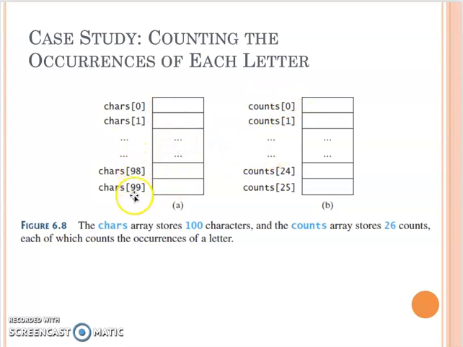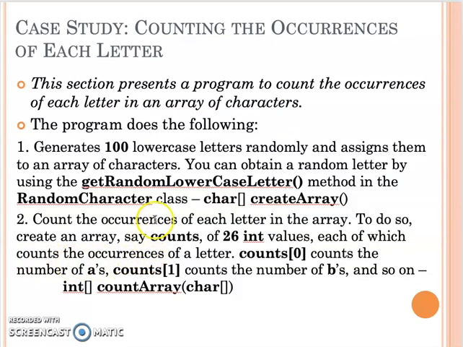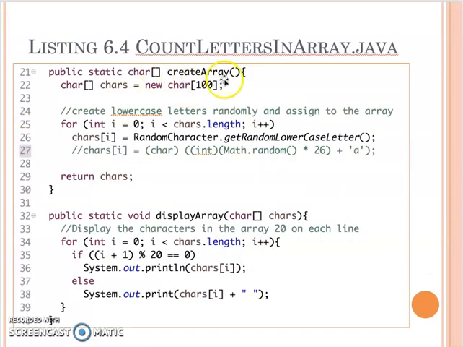So the first thing, we create a size 100 array. The data type is character. We call this array chars. In the program we call the createArray method. This createArray method has a return type of character array.